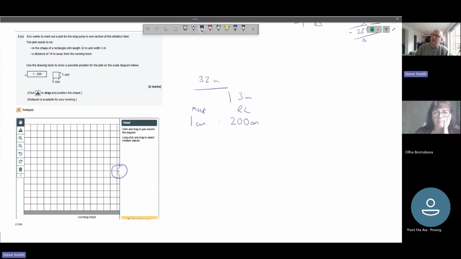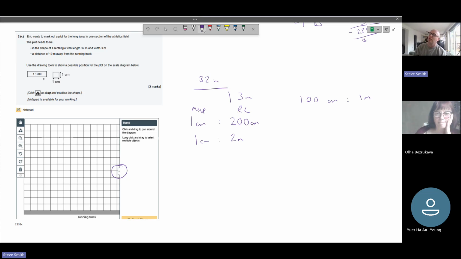And it says that here. So if we know that 100 centimeters is 1 meter, we can clearly see here that 200 centimeters is actually 2 meters. So we know that 1 centimeter on our little grid represents 2 meters.